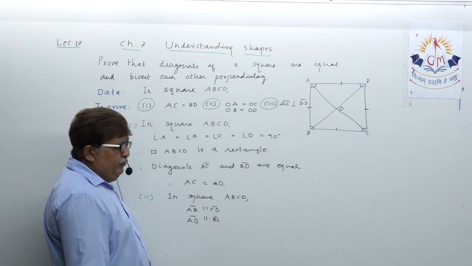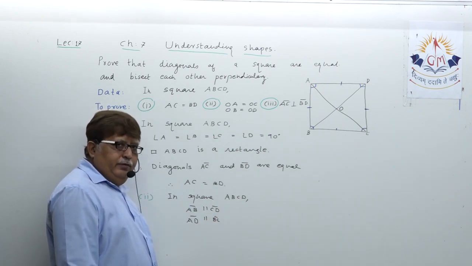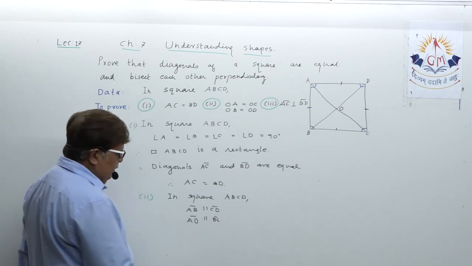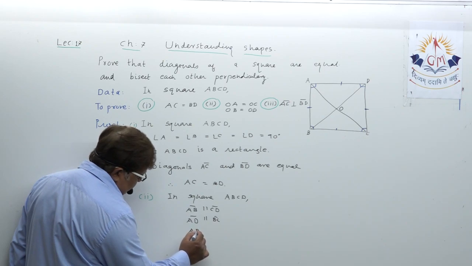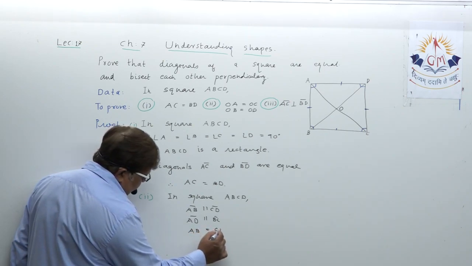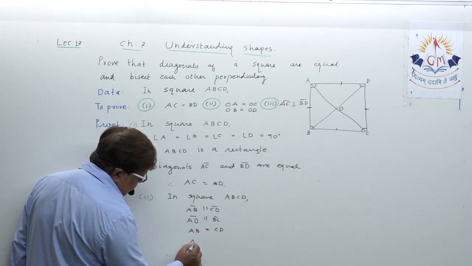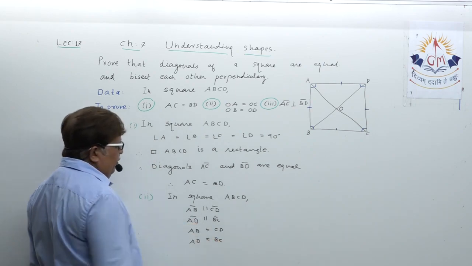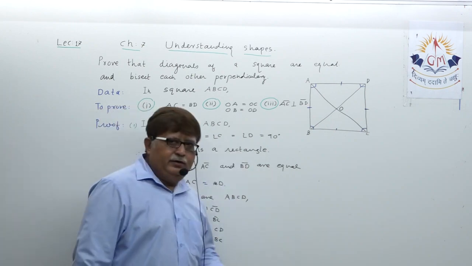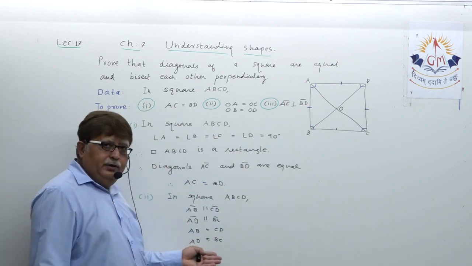That was the first property of square, that all sides are equal, as well as AB equal to CD, AD equal to BC. This is the property of opposite sides, otherwise in a square all sides are equal.